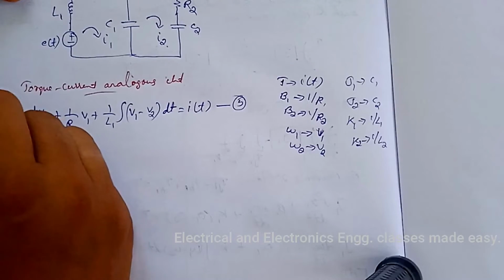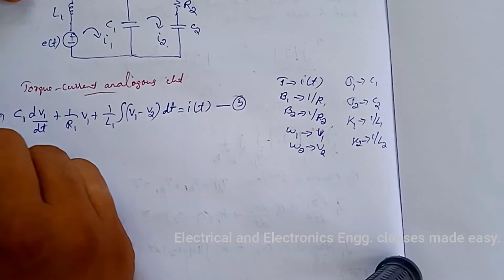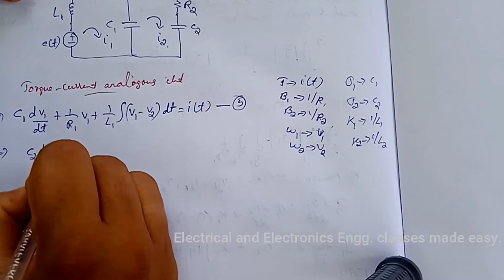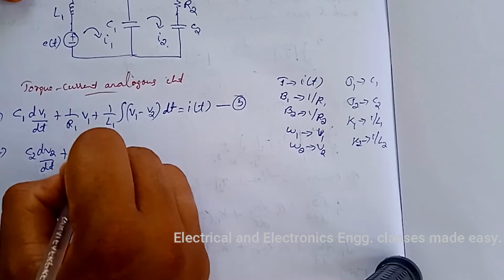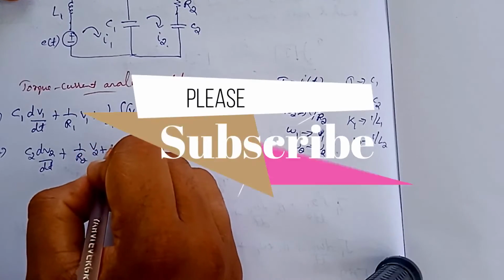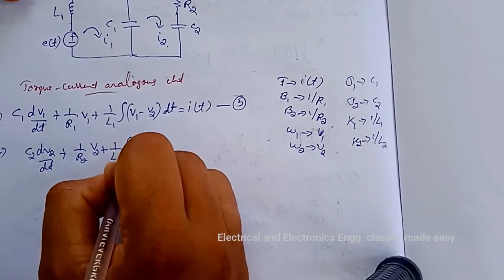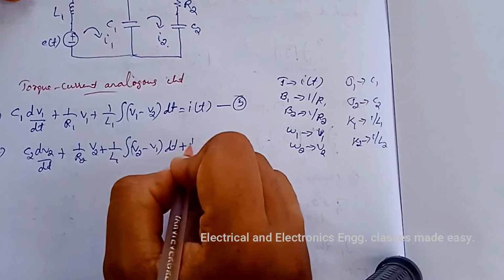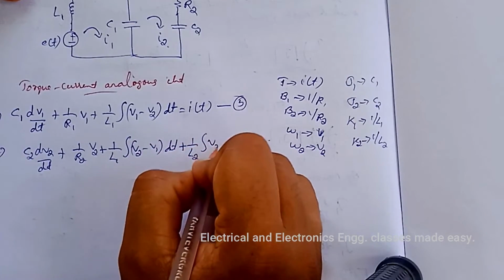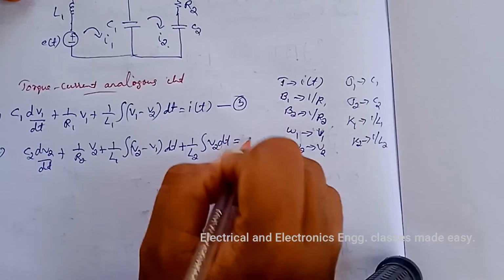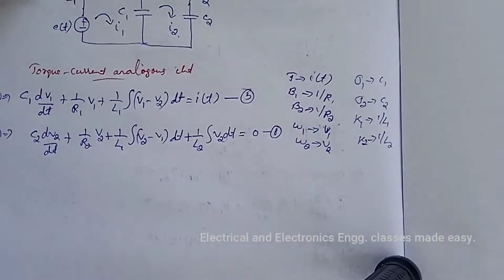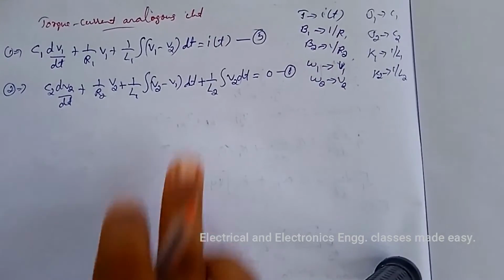Then the second equation we can write C2 dV2 by dt plus 1 by R2 into V2 plus 1 by L1 integral V2 minus V1 dt plus 1 by L2 integral V2 dt equal to 0. So according to these two equations we can draw the circuit.